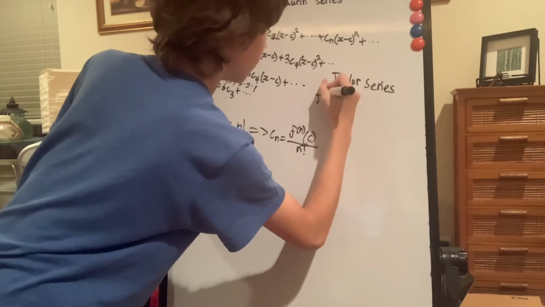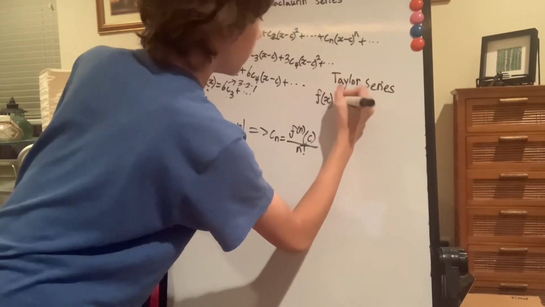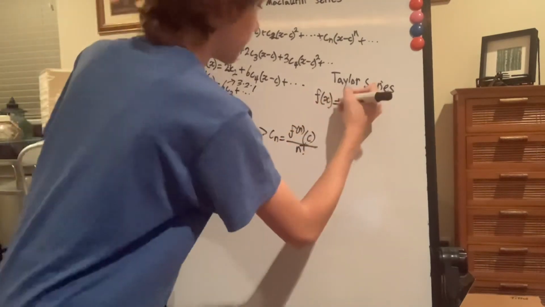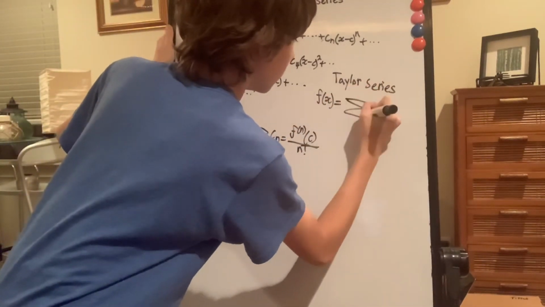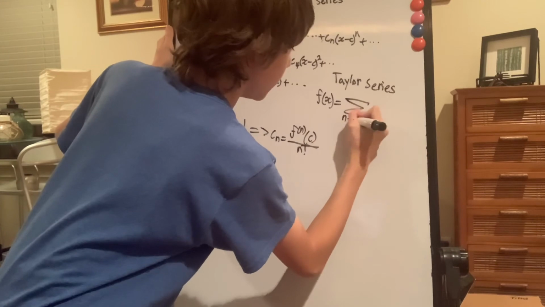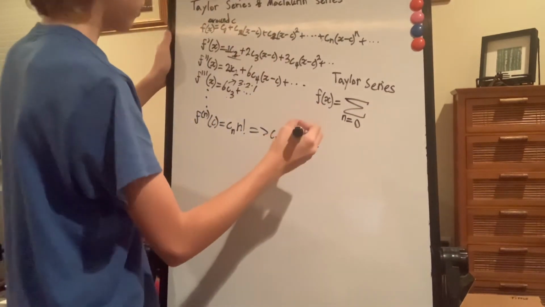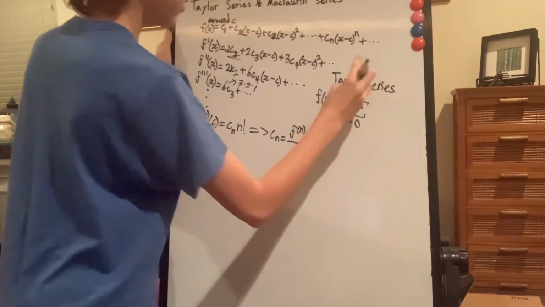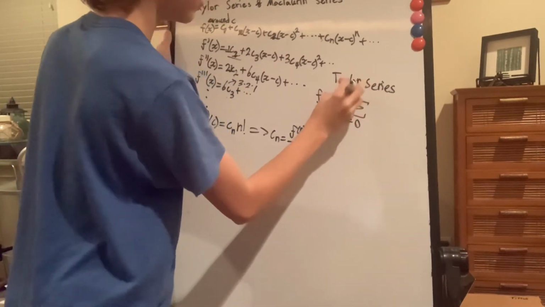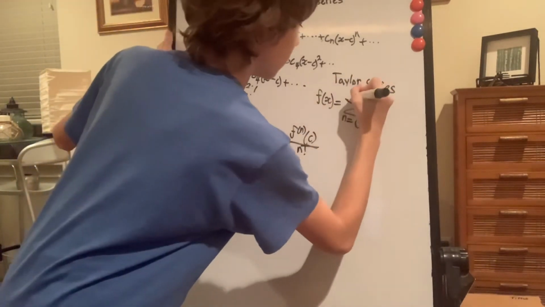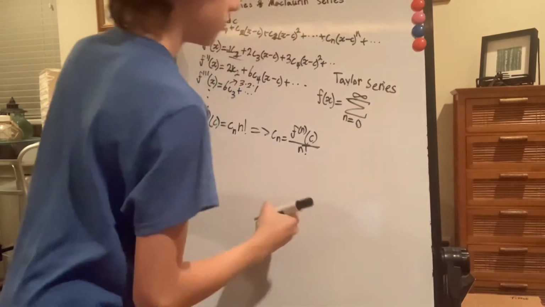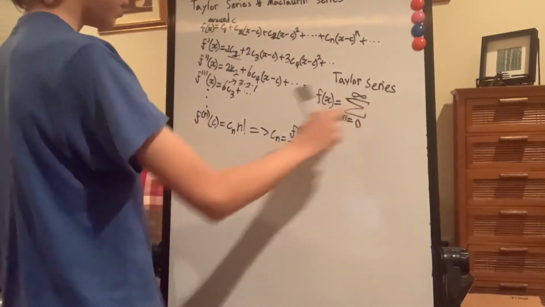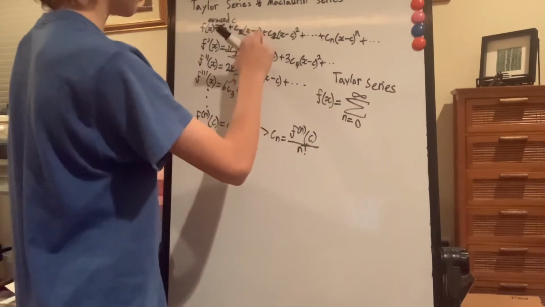Our function f of x, a non-polynomial function, equals, centered at c, the sum from n equals 0 to infinity of c sub n times x minus c to the n.